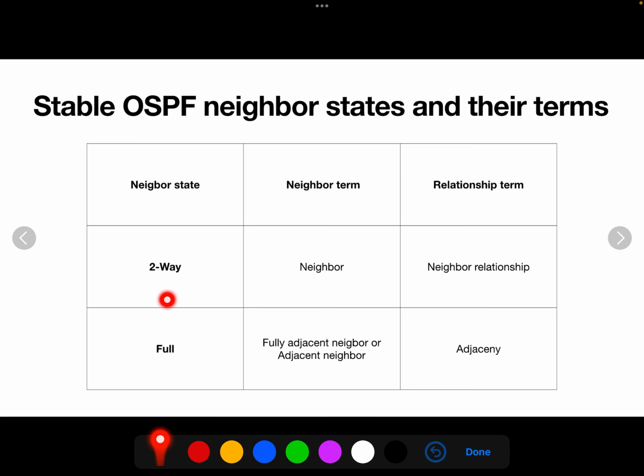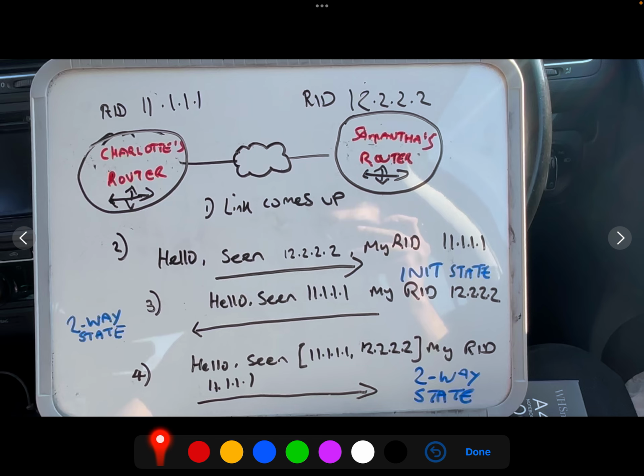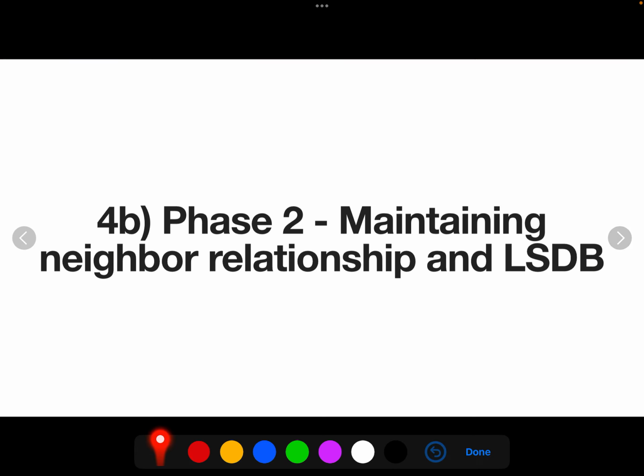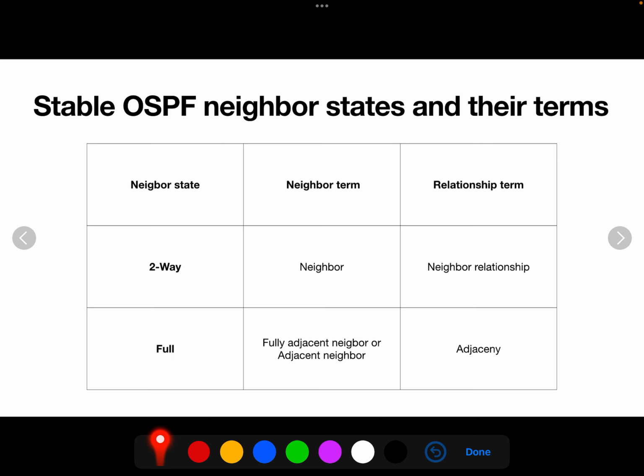We didn't reach that full neighbor state yet. That didn't happen until here, when both routers were in two-way state. Then we entered what we call an adjacency, a fully adjacent neighbor. So that's an adjacency, and this is a neighbor relationship. That's the difference there.